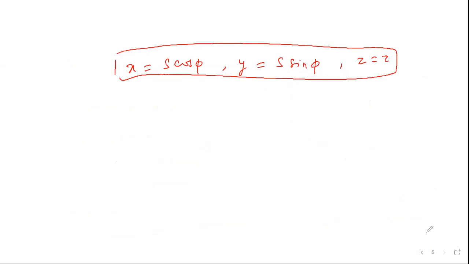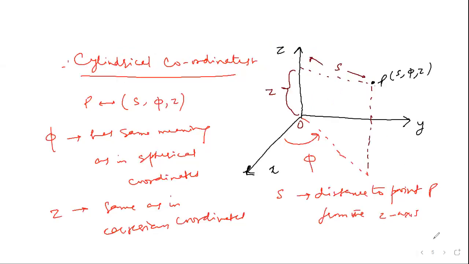Here also we define three unit vectors. We define s cap, phi cap, and z cap in the direction of increasing the corresponding coordinate.